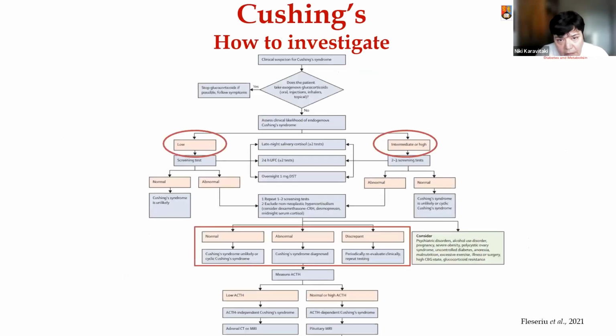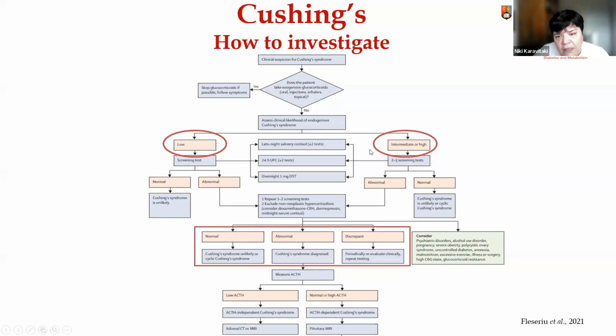And this is an algorithm that we had published in the Lancet Diabetes Endocrinology, the guidelines of Cushing's in 2021. So just to summarize, if we have suspicion for Cushing's, obviously we take out exogenous steroids. If the probability is low, we do a screening test. If this is normal, the Cushing syndrome is unlikely. If it is abnormal, we proceed with further investigations.